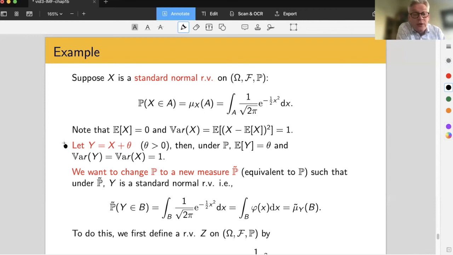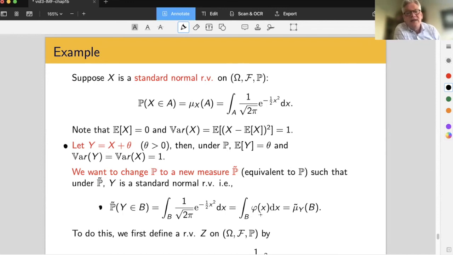So in other words, under P tilde, the probability of Y in B should be the integral over B of 1 over the square root of 2 pi e to the power minus 1/2 x squared dx. And we often write the standard normal density function as phi(x), little phi x.